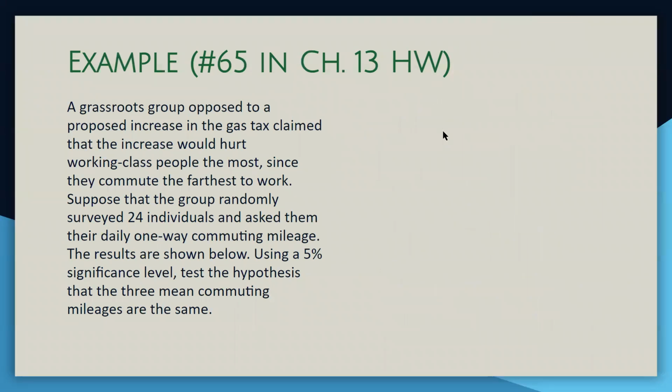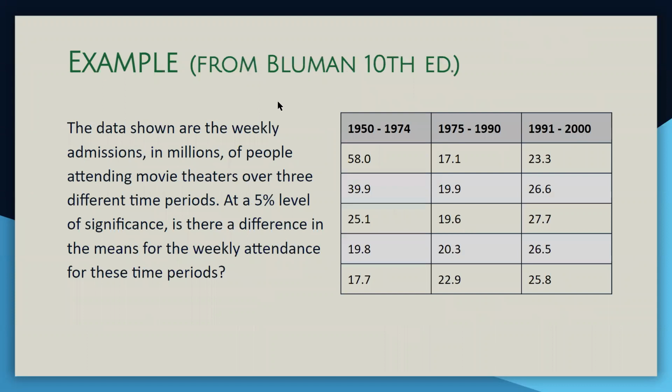Okay, let's try another example. So this one says the data shown are the weekly admissions in millions of people attending movie theaters over 3 different time periods. At a 5% level of significance, is there a difference in the means for the weekly attendance for these time periods? So we've got 1950 to 74, 75 to 90, and 91 to 2000.